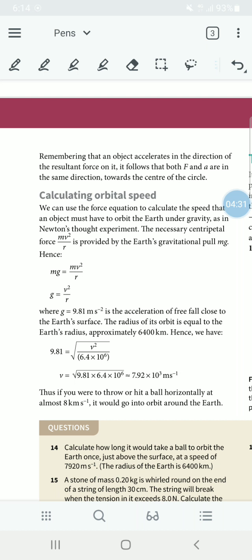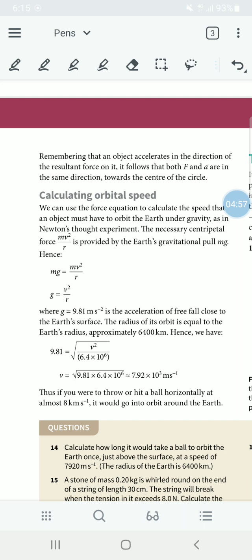Because the centripetal force is Earth's gravity, that is mg, mg is going to be equal to mv squared upon r. g is equal to v squared divided by r, because m gets cancelled out. We know the value of g, 9.81 meters per second squared.